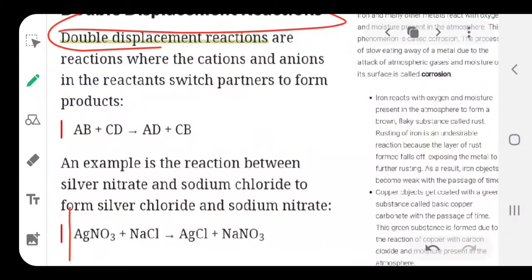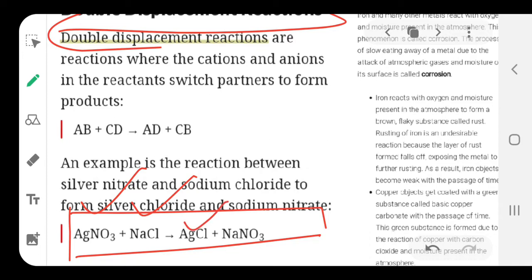Silver nitrate, that is AgNO3, and when sodium chloride reacts with it, they switch their respective anions, the negative radicals. So silver forms silver chloride and sodium will form sodium nitrate. Here you can see there are two metals in consideration, so again we have a double displacement reaction. Earlier was single displacement. Now this is double displacement.